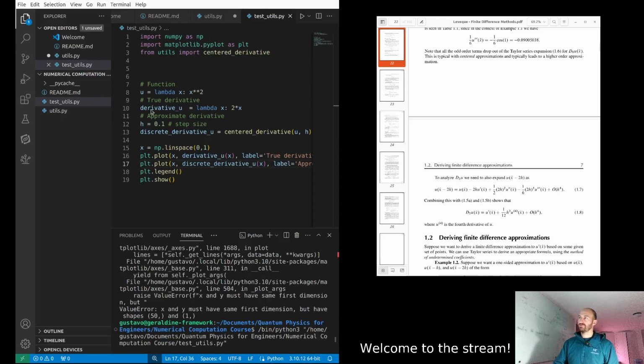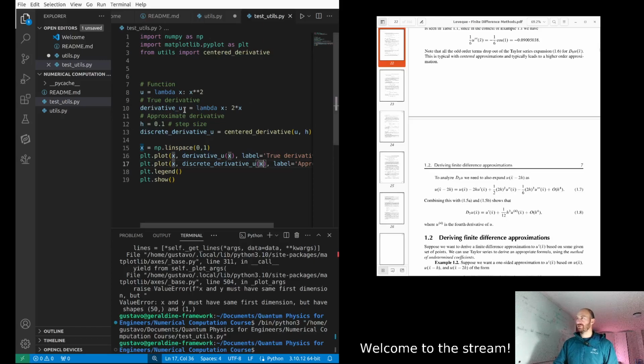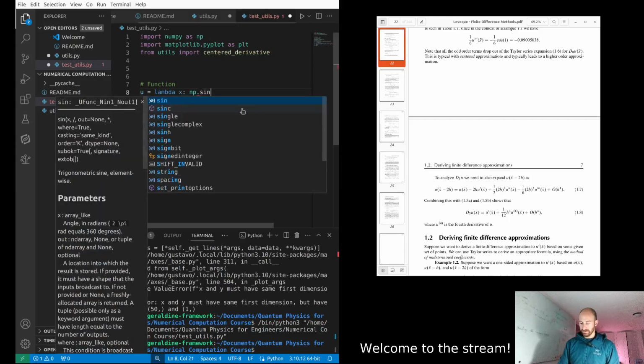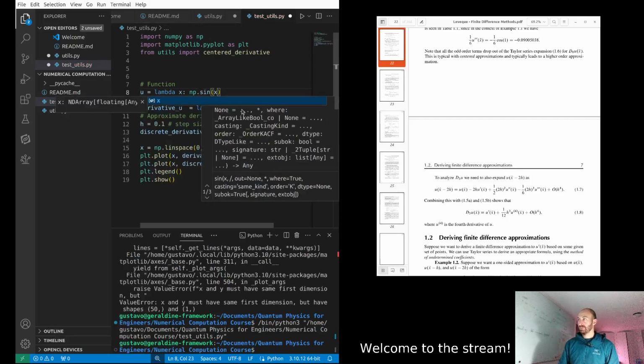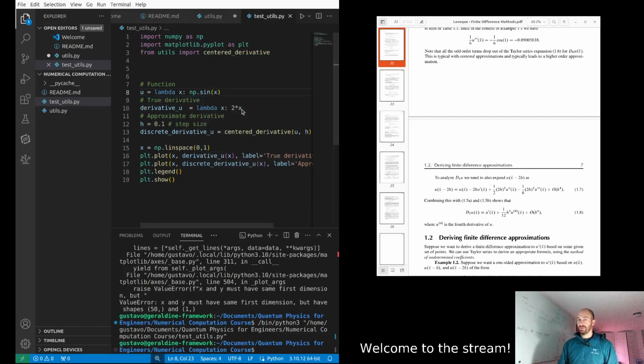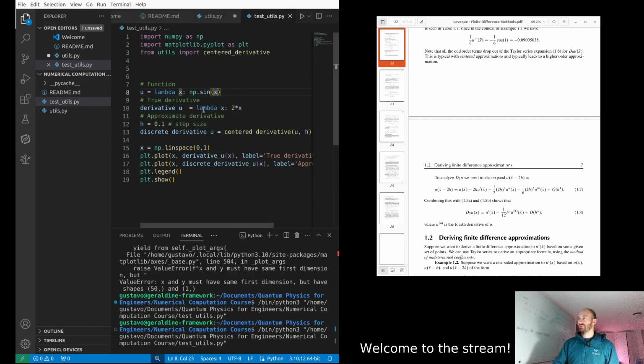Maybe actually I'll choose a different function to make this more interesting. Instead of x squared, this is just so the notes are a little bit more interesting, let's choose sine. Everything should be ready to run anyway, so we can go and run it. Oh yeah, sorry.